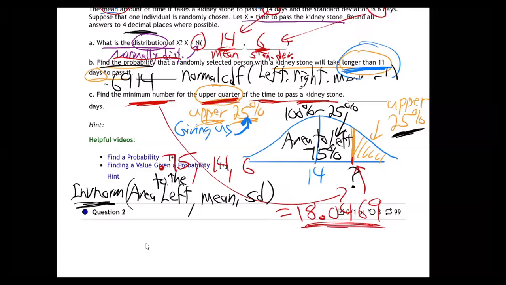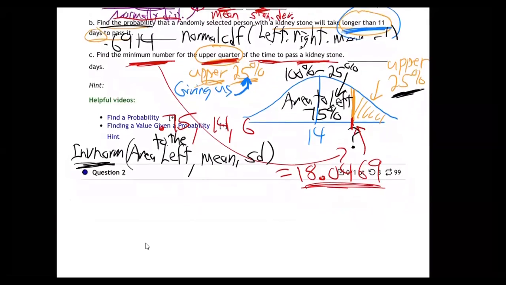That's the number right there. Meaning if it takes you 18 days or longer to pass your kidney stone, you're in the upper 25%, an upper group that none of us want to be in.